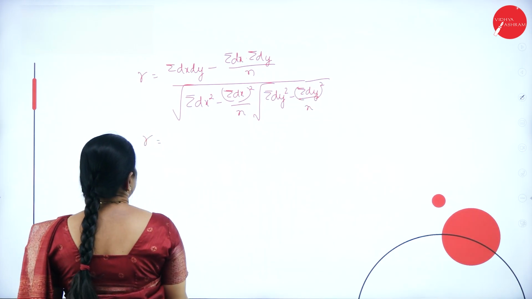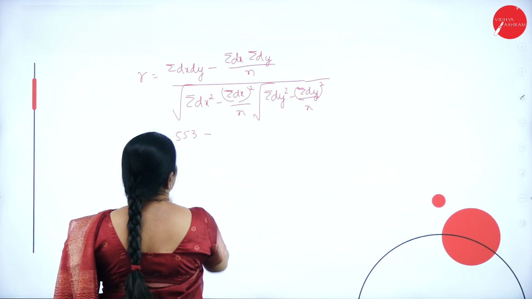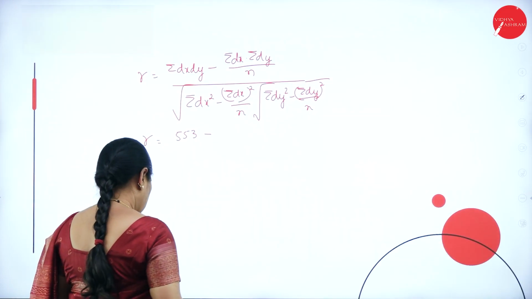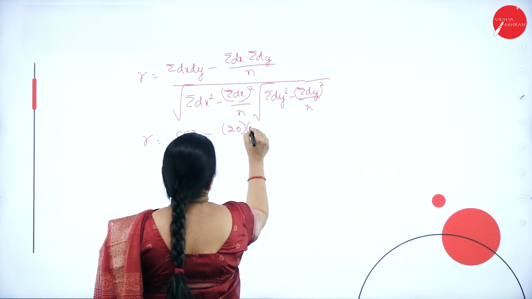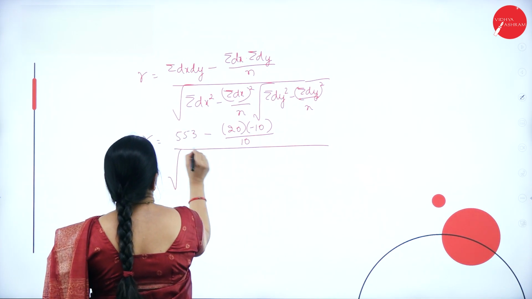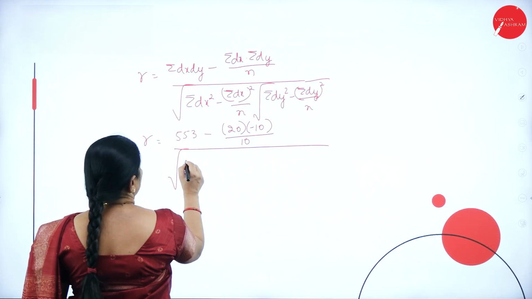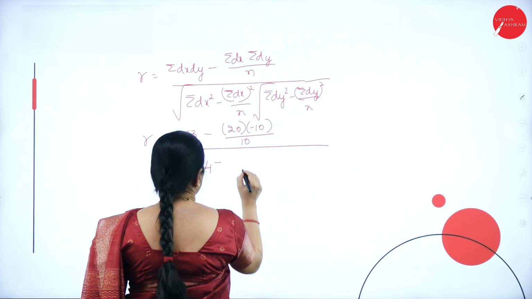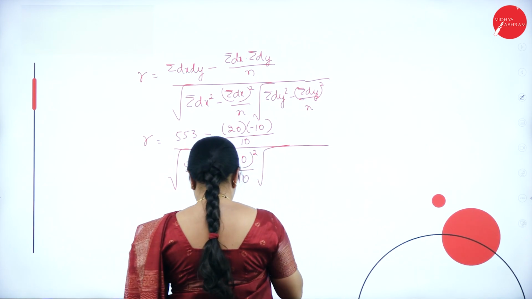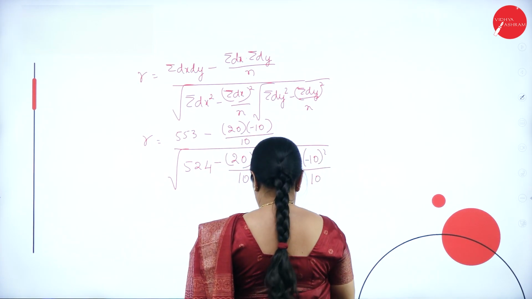R will be equal to sigma dx dy, that is 553, minus sigma dx, 20, into sigma dy, minus 10, divided by 10, whole over root of sigma dx square, 524 minus 20 square divided by 10, into root of 692 minus 10 square divided by 10.